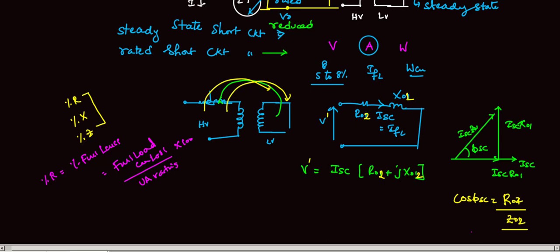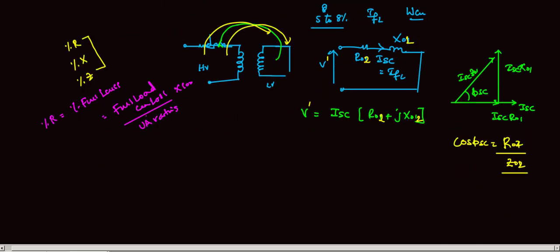How can you find the percentage impedance? So percentage resistance equals percentage full load copper loss by VA rating. So percentage impedance, you can see here, VSC. First you find the per unit impedance.